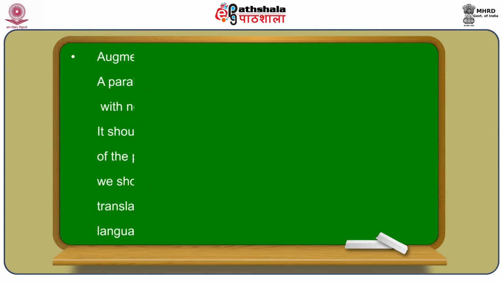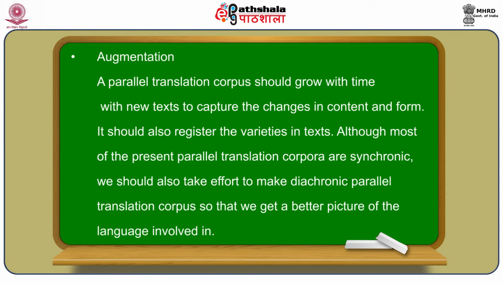Next issue, documentation. A parallel translation corpus should grow with time with new texts to capture the changes in content and form. Also, it should register the varieties in texts. Although most of the present parallel translation corpora are synchronic, we should also make an effort to build diachronic parallel translation corpora so that we find a better picture of the languages involved.